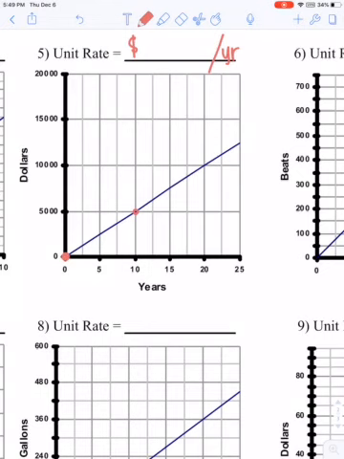It crosses evenly right there. We see that we have to rise 5,000 and run 10, which simplifies to 500. So that's $500 per year for this situation's unit rate.